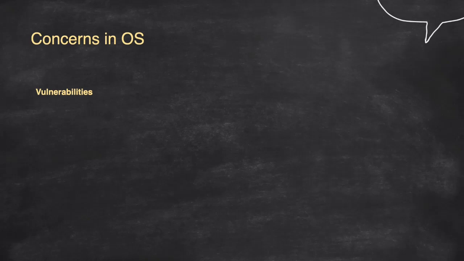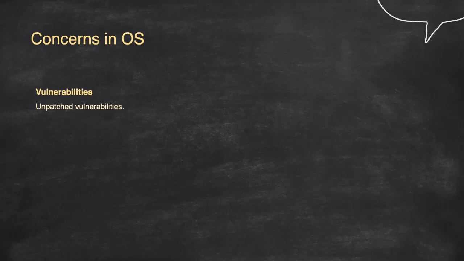Let's talk about unpatched vulnerabilities, a critical issue in the world of cybersecurity. These are security flaws in an operating system or software that have been identified but not yet fixed. And here is the danger. Attackers can exploit these weaknesses to gain unauthorized access, steal sensitive data, or even cause system failures.